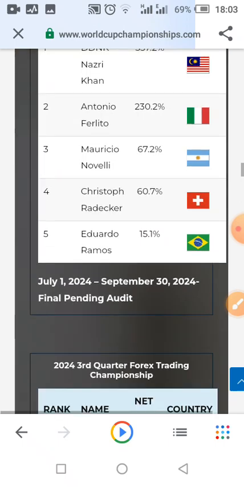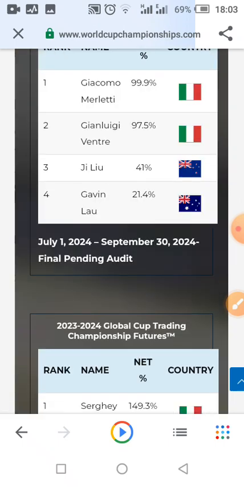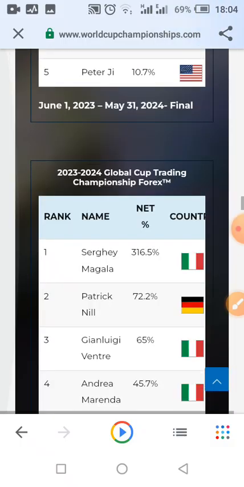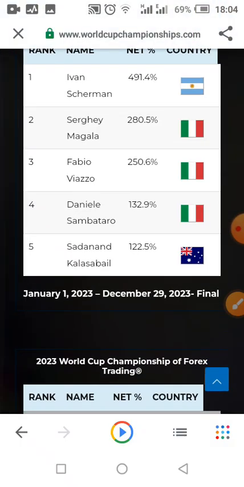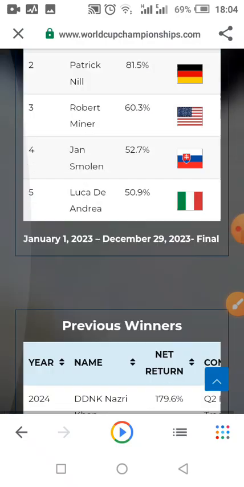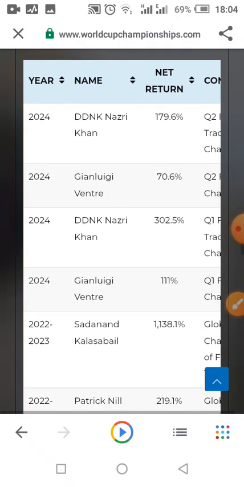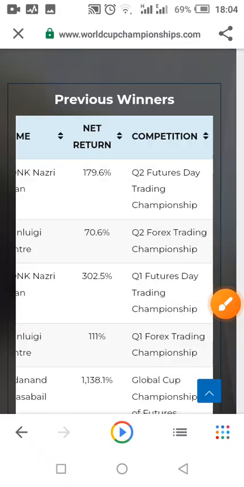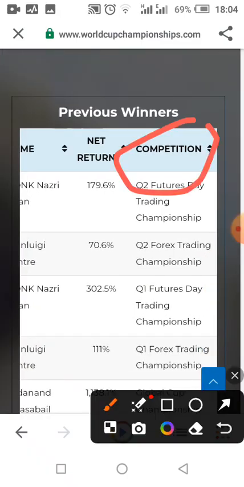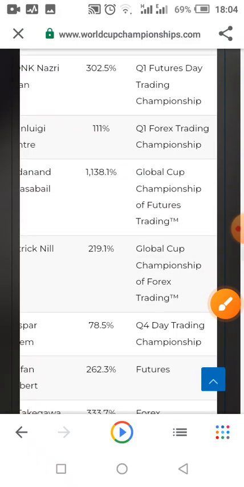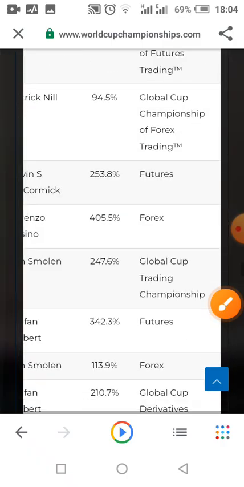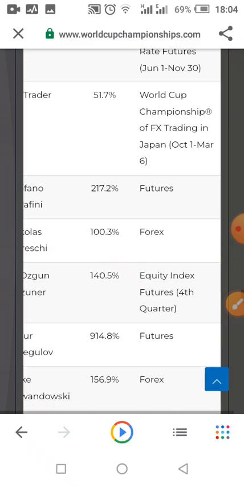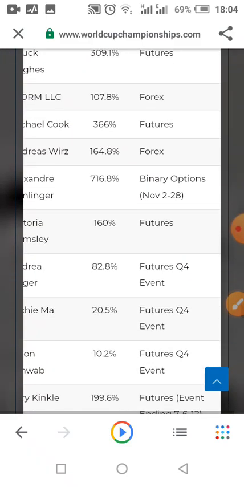So for stocks, you will probably see them in the other previous competitions. It looks like the most recent ones are not showing the ones for Forex, but if you check on the competition site, you actually see that there are also those who trade stocks or equities.